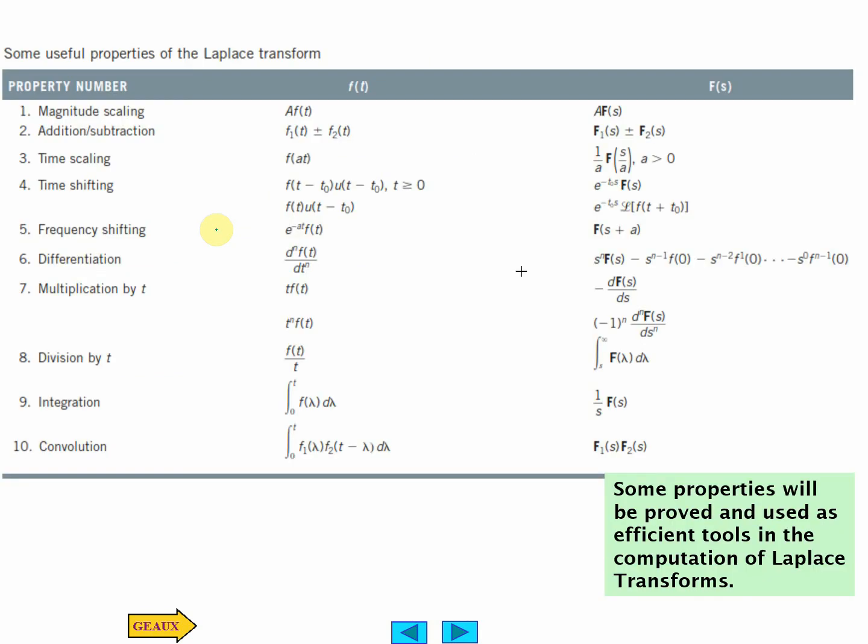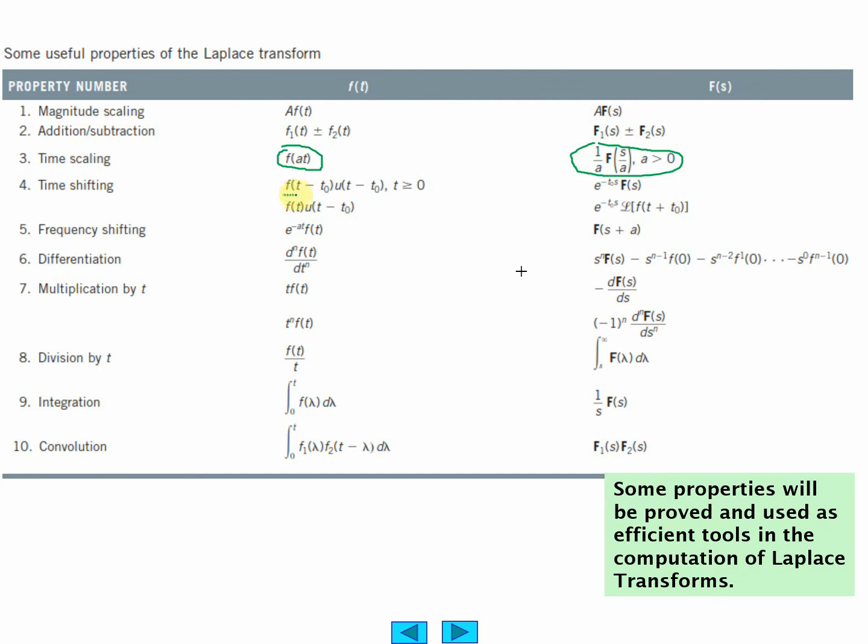So here's a table. Using a similar process, we have a lot of identities. For scalar multiplication, you just multiply the transform. For addition or subtraction, you add or subtract. If you have a scalar times a time scaling, then the transform looks like this. And here's time shifting.